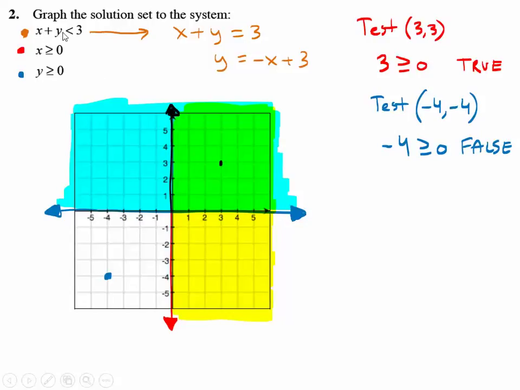Or if y is equal to 0, what would x be? You can do it that way. You can still solve it for y as well. So starting at 3, our slope is negative 1 over 1. So from this point, how about we go down 1, 1 to the right. And again, if you want to keep on going further and further, that's fine. Solid or dashed? It's a dashed line now.